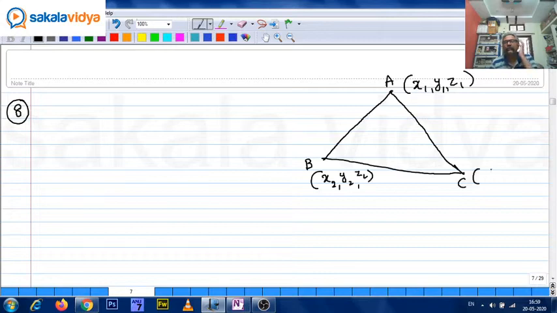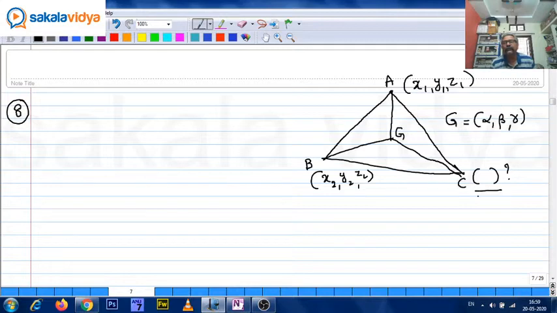The vertex C we do not know. The centroid of triangle ABC is G, where G is equal to (alpha, beta, gamma). Then we need to find out C.